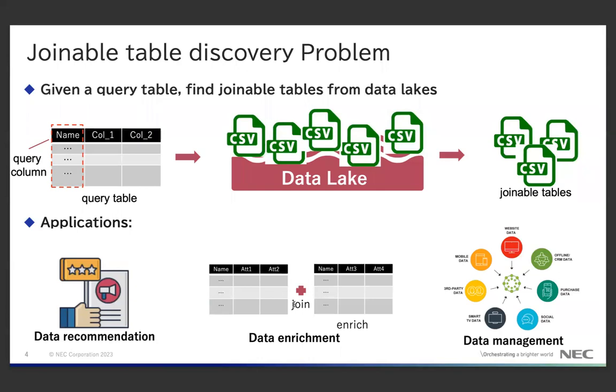Or we can join the joinable tables found from the data lakes to add more columns and enrich our local table, which may improve the accuracy of data analysis tasks. We can also do more data management. For example, if the data lake is inside a company with heterogeneous data that we want to manage together, joinable table discovery lets us cluster the tables together.